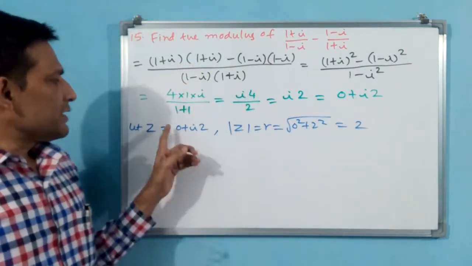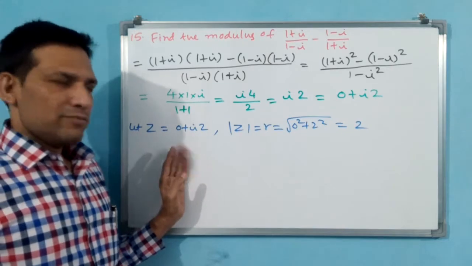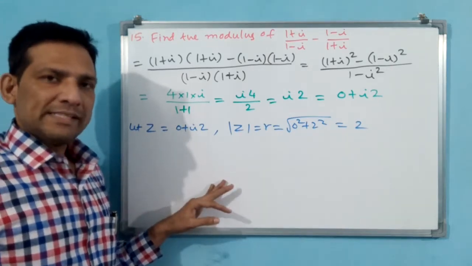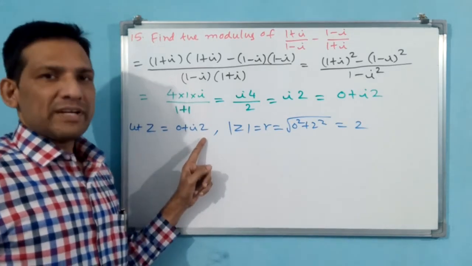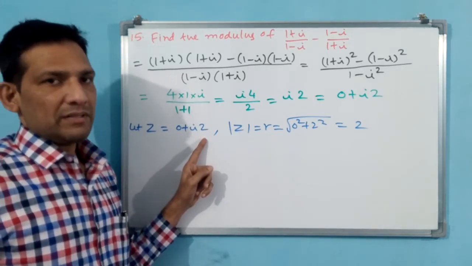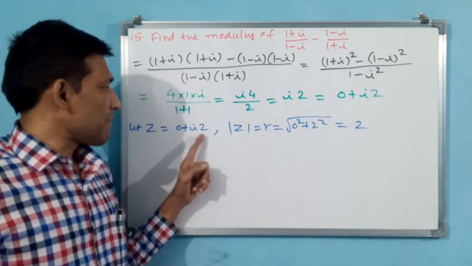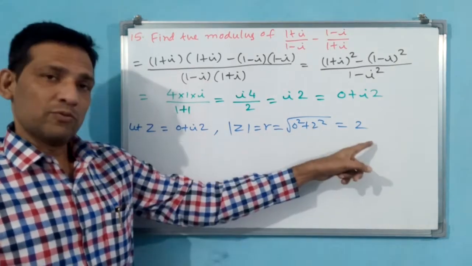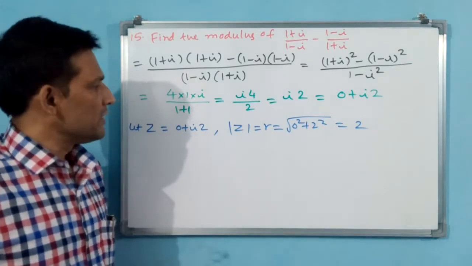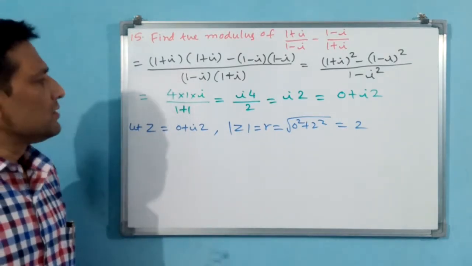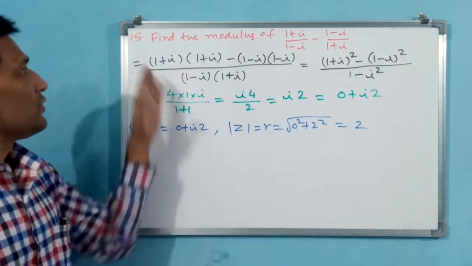Whenever the real part or imaginary part becomes 0, the modulus of that complex number is the positive of that real number. Even if you have minus 2, minus 2 square is 4 and root will give 2 only. Like that you have to think. Like this you have to find the solution for this question.